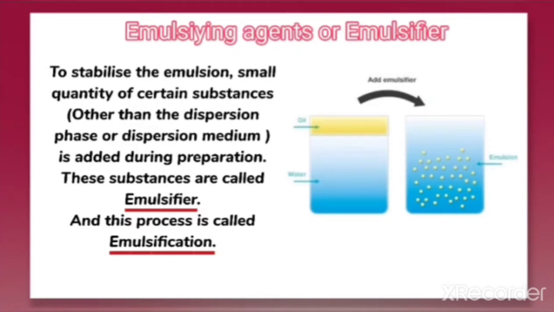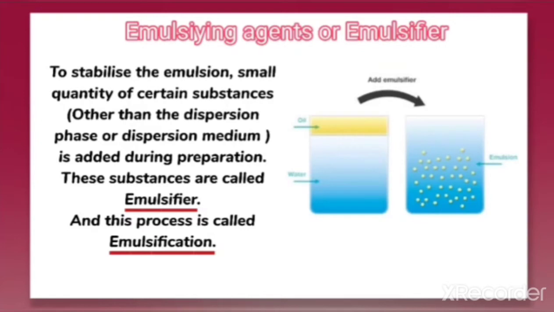In order to make it stable, a certain substance is added, which is called the emulsifying agent or the emulsifier. Now you can see after adding this substance, it becomes quite stable. Now you can see the particles of oil in the water in the stable form. So this is what is called emulsification.